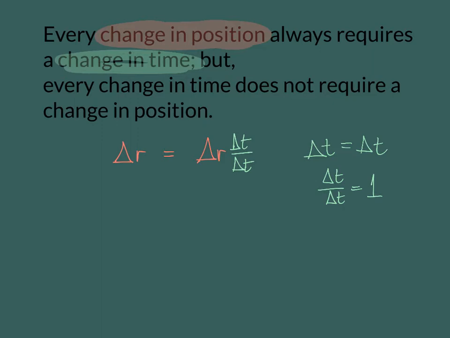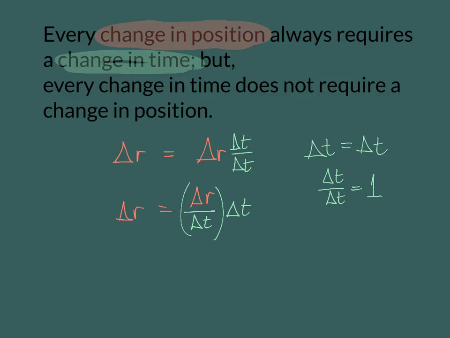But given that axioms encode for what laws describe, we need to bring that independent variable into relationship with the dependent variable. Now we have an axiom that encodes for what the law describes. A change in position always requires a change in time.